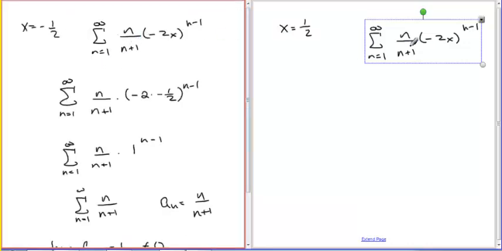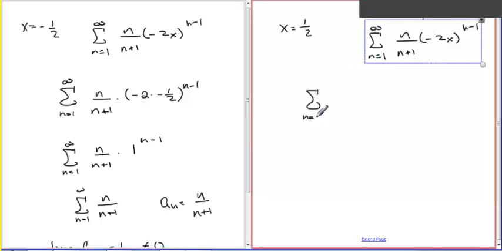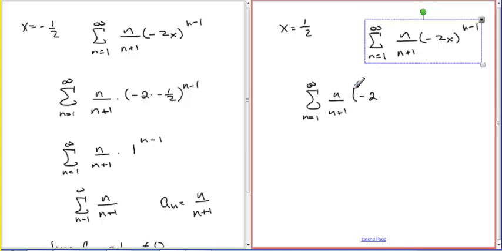Then we go up here and plug in positive 1/2, and so we'll get negative 1 to the n minus 1 times n over n plus 1.